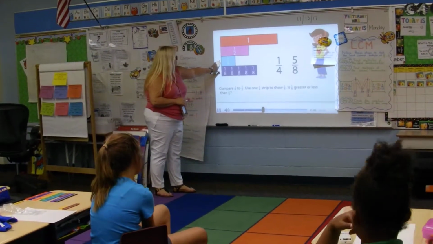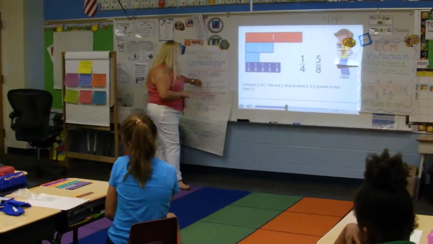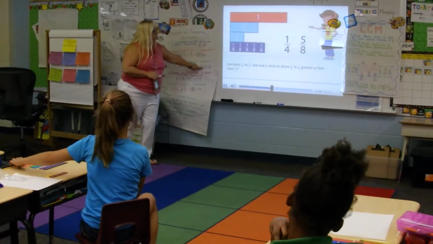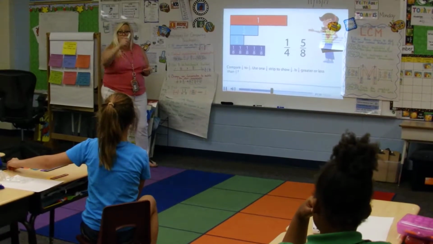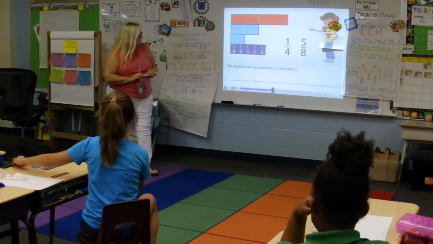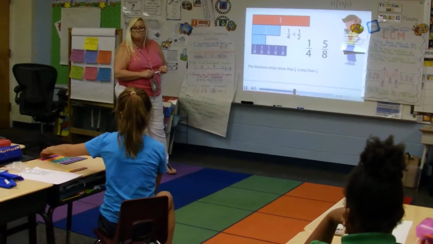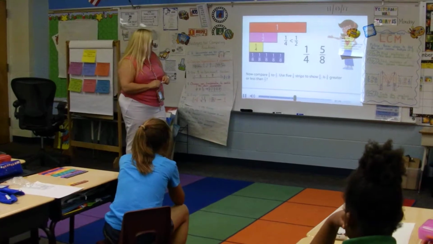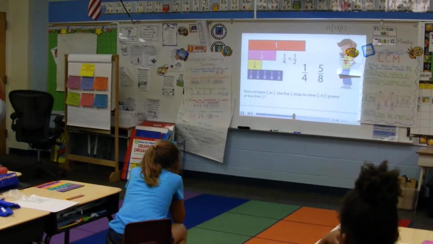Compare 1/4 to 1/2. Use 1/4 That's strip using to this show strategy. 1/4. Is 1/4 greater or less than 1/2? And we already solved it. The fraction Right? strips show that 1/4 is less than 1/2. Now compare 5/8 to 1/2. Use 5 1/8 strips to show 5/8.